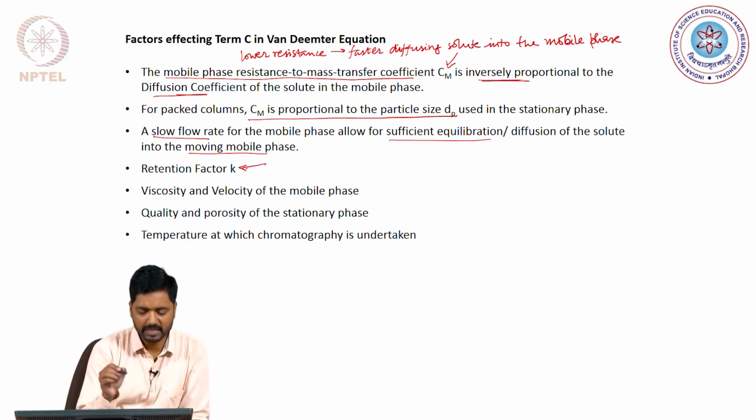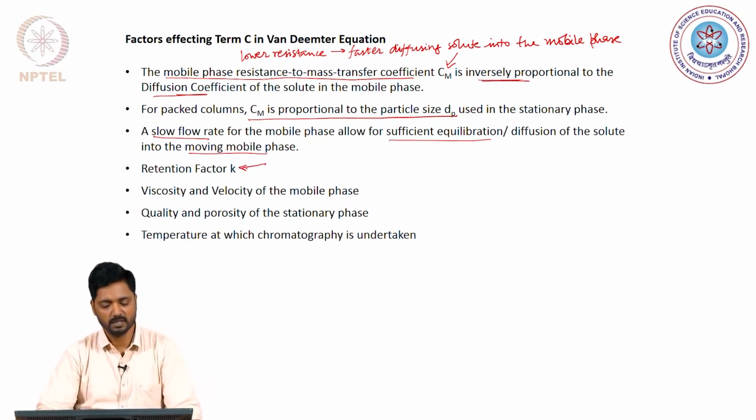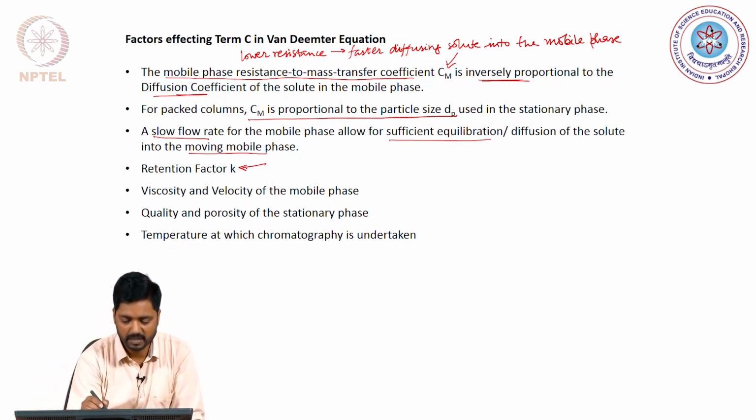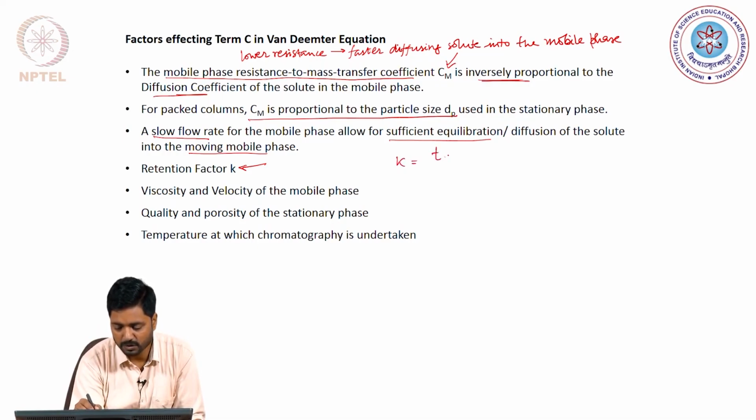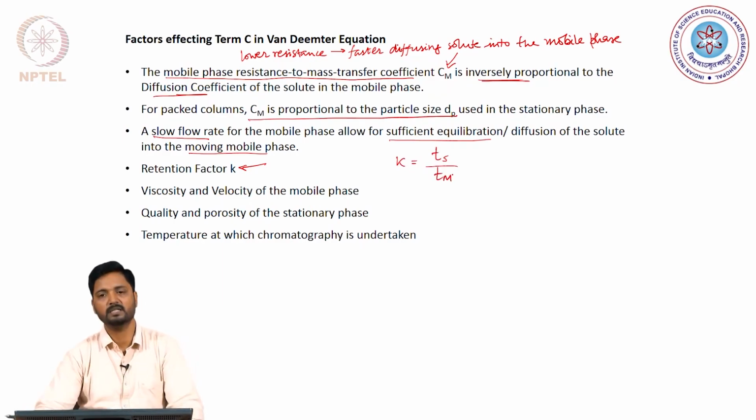Another factor that needs to be considered is the retention factor, and as you can recollect, the retention factor was the time the solute spends on the stationary phase over the time it spends on the mobile phase. So, a solute that has a higher retention factor will also exhibit greater resistance to the mass transfer into the mobile phase.